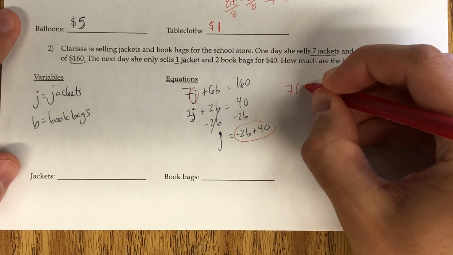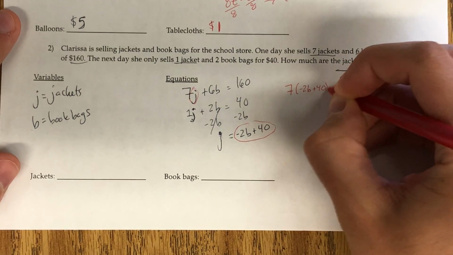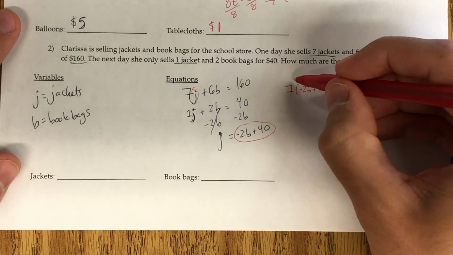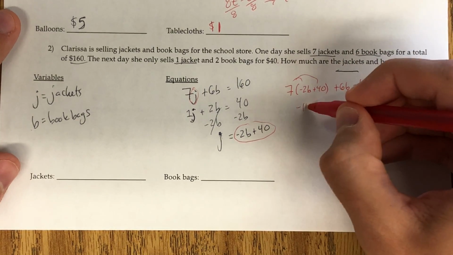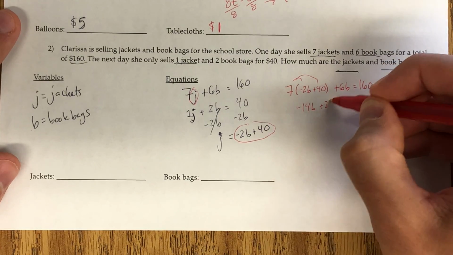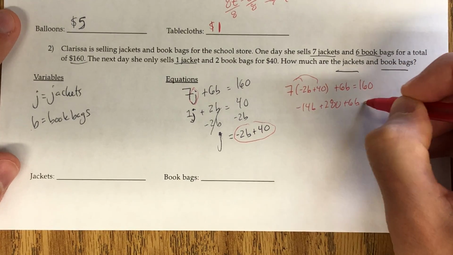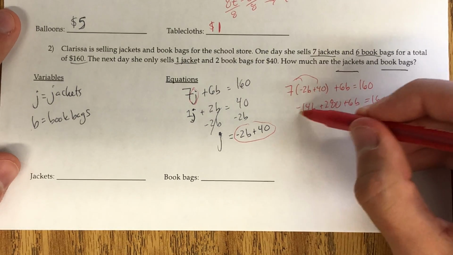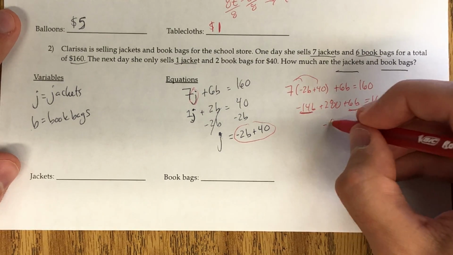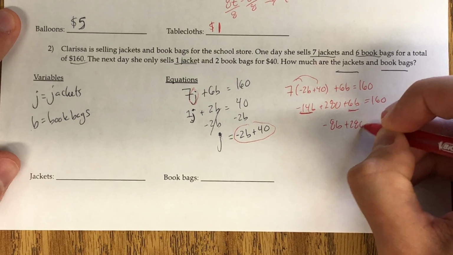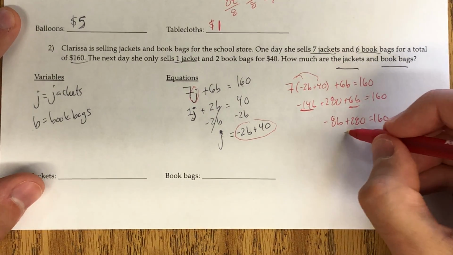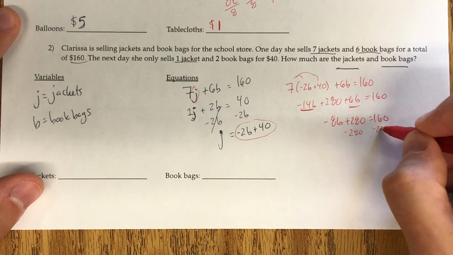If we do that, we'll have 7 times negative 2B plus 40, plus 6B equals 160. Distribute the 7, so we get negative 14B plus 280 plus 6B equals 160. Negative 14B plus 6B is negative 8B. Subtract 280 from both sides.